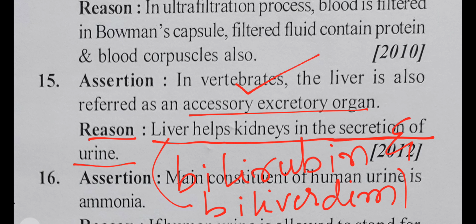These substances are secreted in bile and indirectly help in the formation of urea.